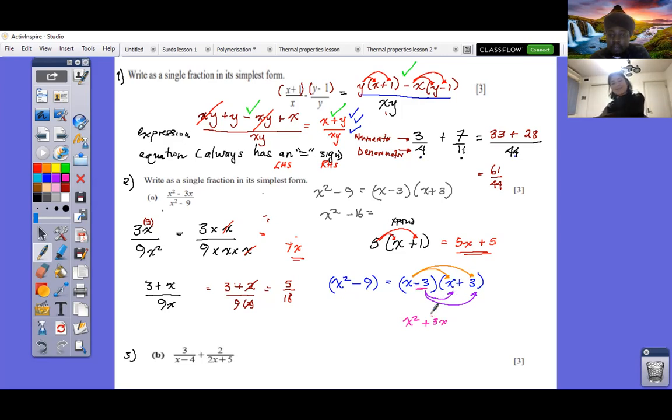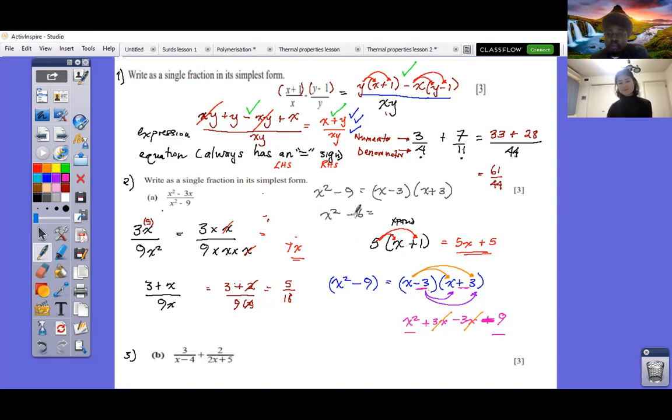Minus 3x. And what is minus 3 times plus 3? Plus 9. Okay. And now you notice that the two 3x's disappear and we end up with, sorry, this should be minus 9, I beg your pardon, because it's a negative multiplying a positive. And so these two cross out, and so you remain with x squared minus 9.